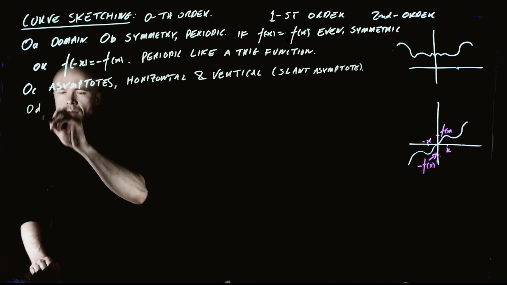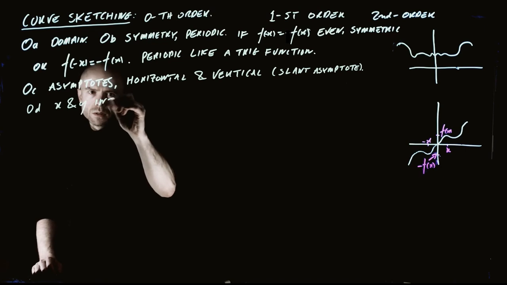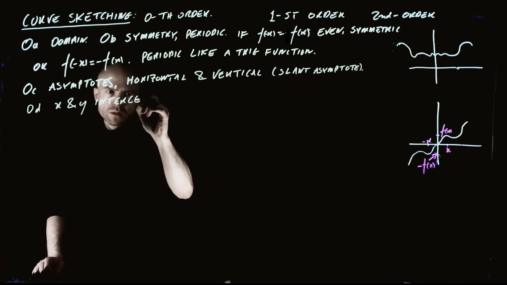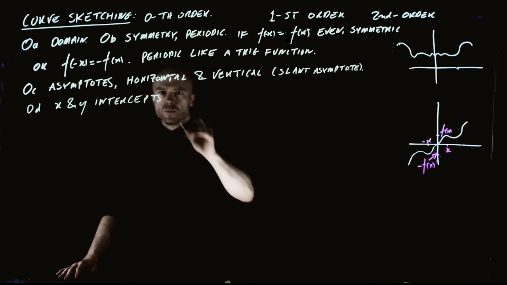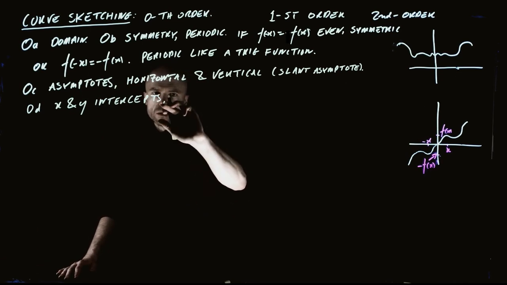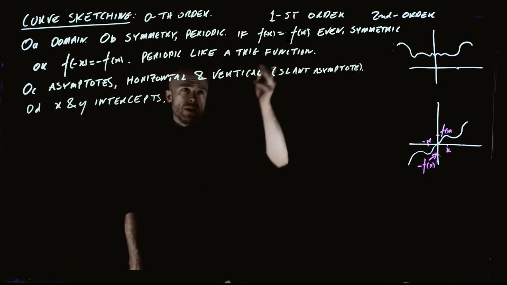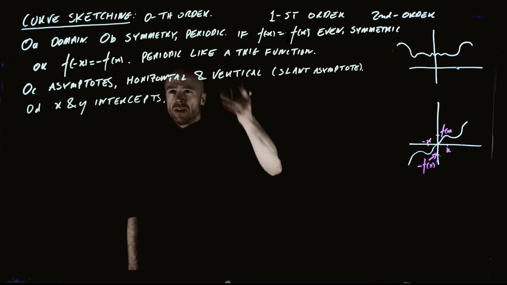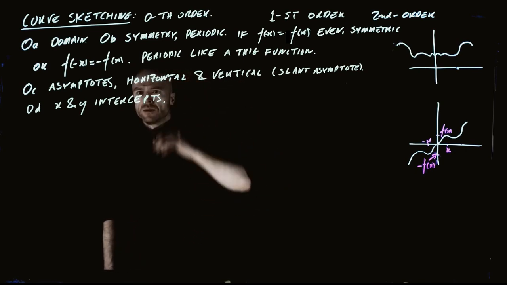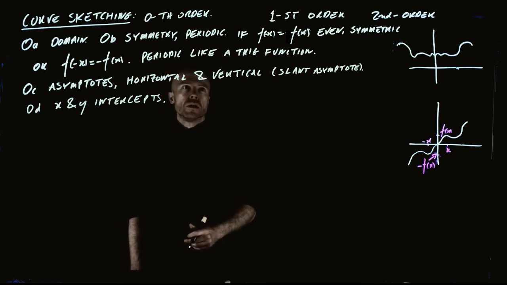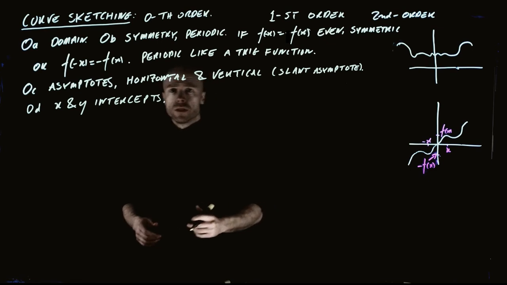And 0d, x and y intercepts: where our function crosses the x and y axis. It's definitely better to start with domain and then symmetry, periodicity, and then you can do asymptotes or x and y intercepts in either order. Those don't matter. Okay, so there's 4 distinct pieces of information from the zeroth order.